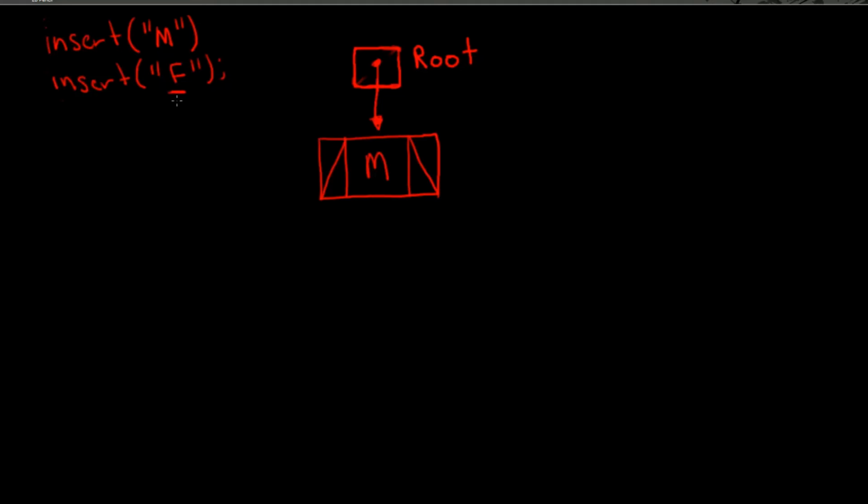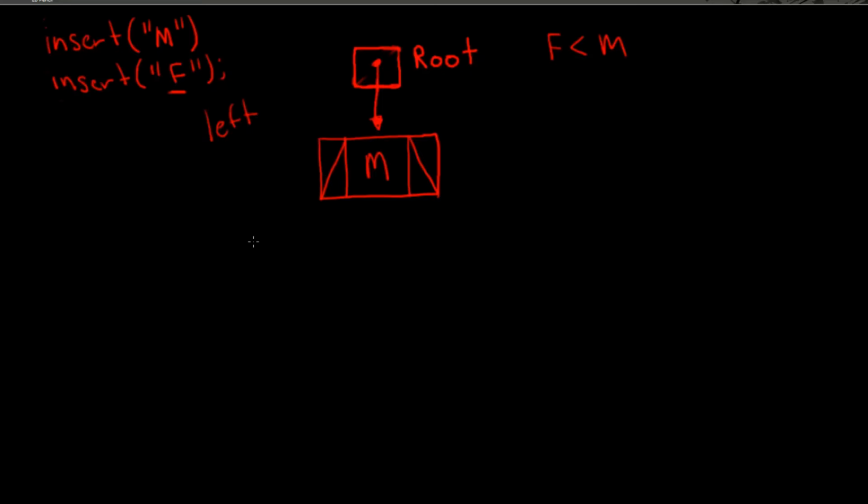Since F comes before M in the alphabet, and if you remember that the values that are less than the parent node have to go to the left side, right? So since F is less than M, then it needs to go here.